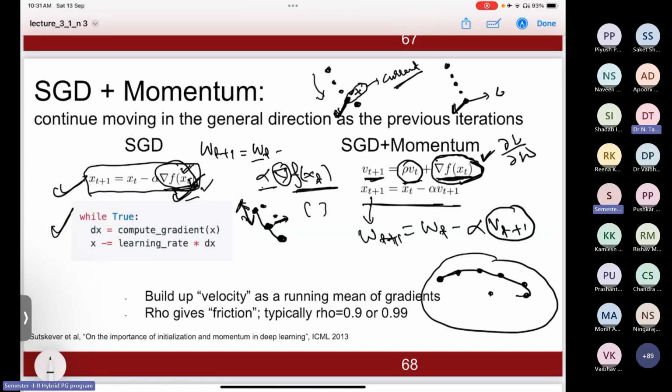Here I said that I'll go with the running average. Should I go with the normal average? If I go with the normal average, then every previous batch will get the same weightage. But suppose I started from here, processed maybe 1,000 batches, and have reached here.